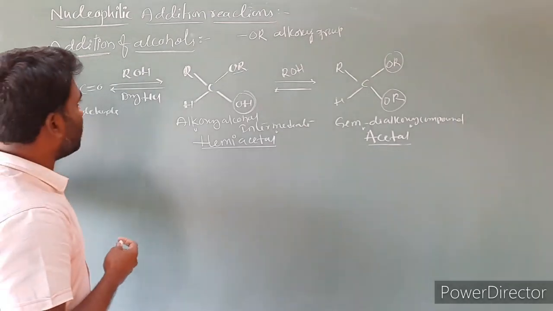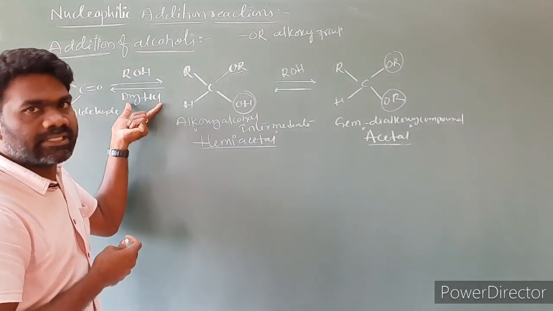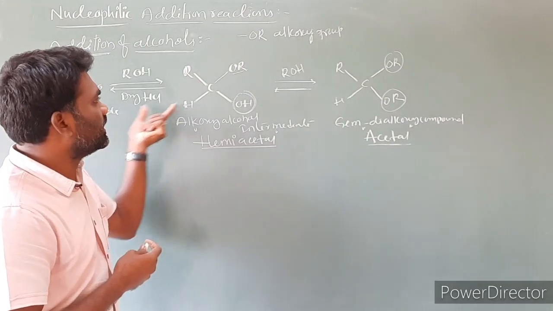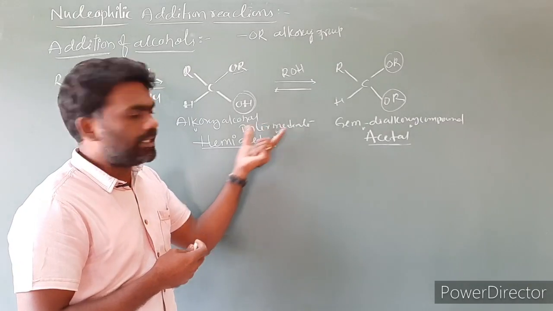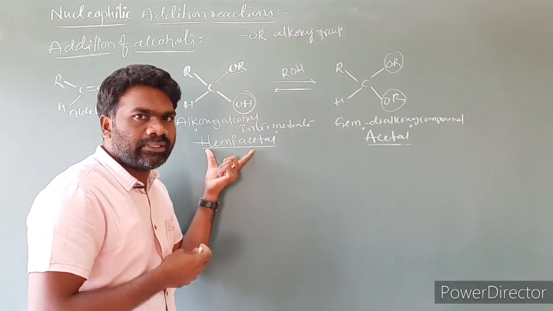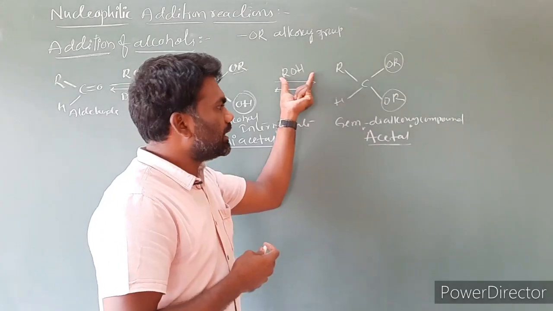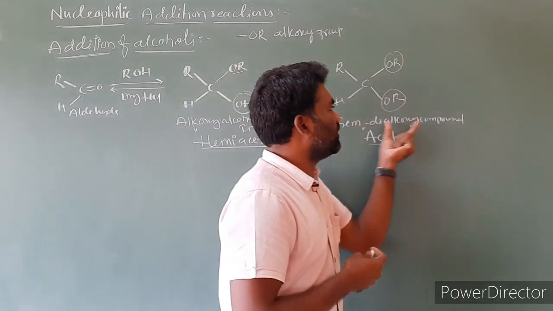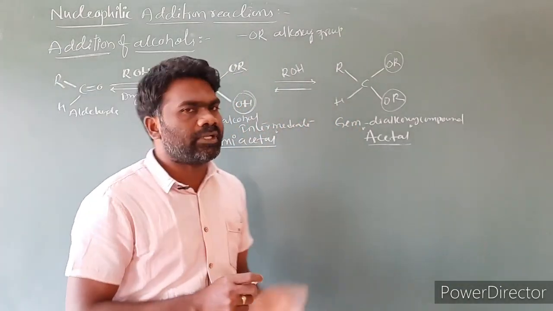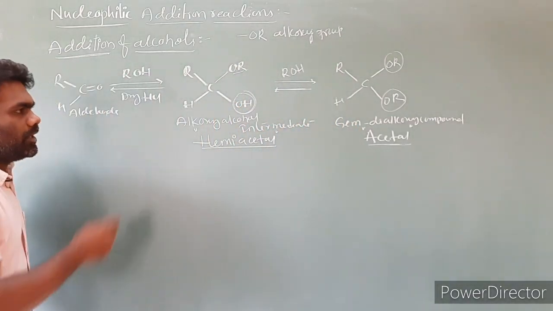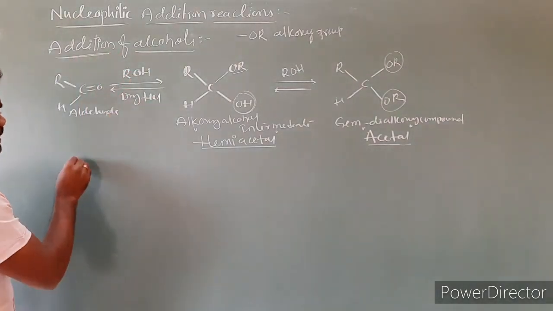Aldehydes react with alcohols in presence of dry HCl to give an alkoxy alcohol intermediate known as hemiacetal. This hemiacetal further reacts with one more alcohol to give a gem dialkoxy compound known as acetal. So acetal and hemiacetal are very important for the exam. Now let us write the statement regarding the addition of alcohols to aldehydes.